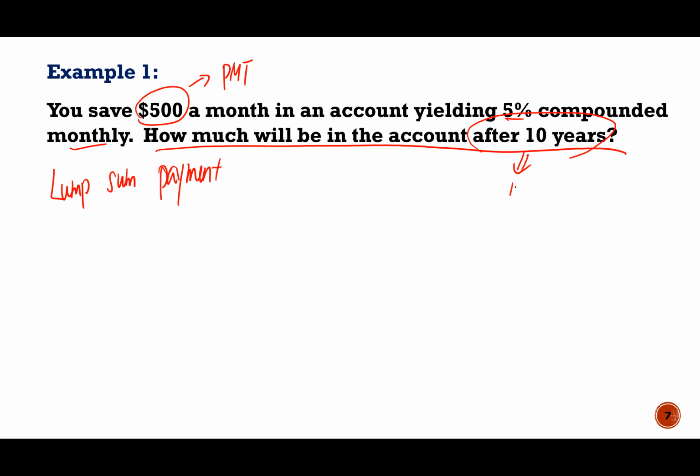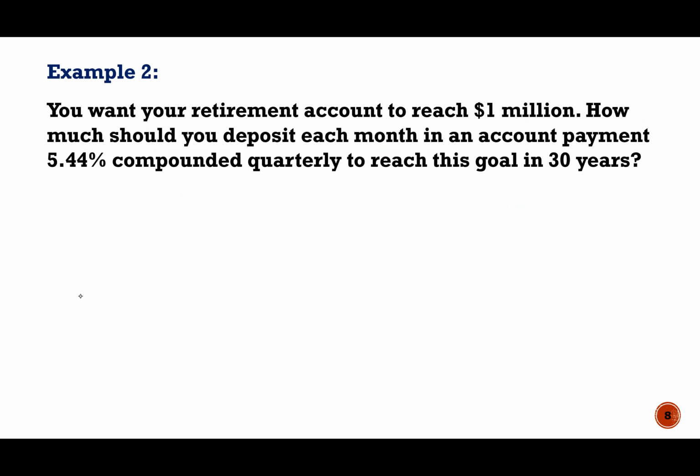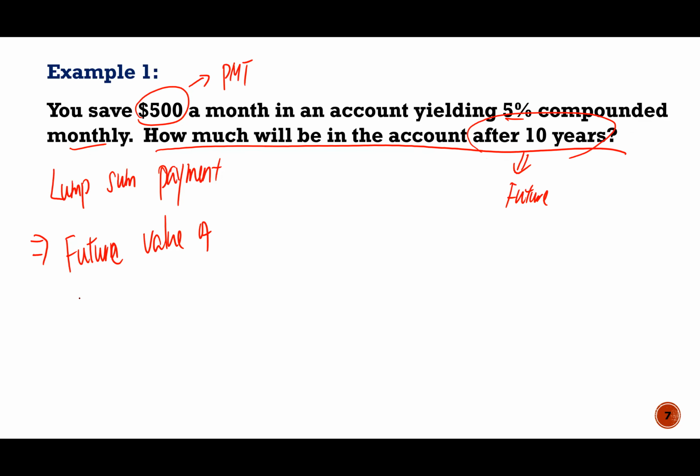This represents the future, in 10 years, so that's a future value of the annuity. Once that is clear, we know that we're going to use the future value of the annuity.